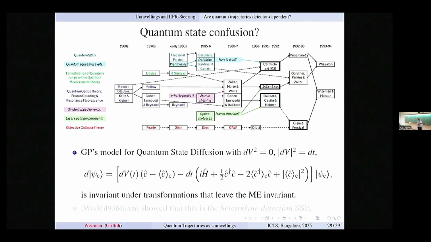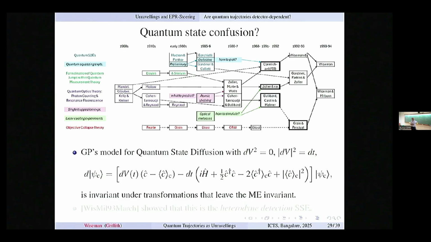But a few years later, in '93, Nicolas Gisin and Ian Percival wrote down an explicit stochastic Schrodinger equation with diffusive noise. I don't know whether they knew of the earlier work or discovered it independently. It looks very much like the stochastic Schrodinger equation Howard Carmichael wrote down for homodyne detection, but it's not quite the same.